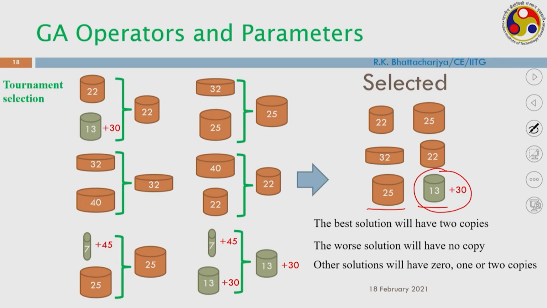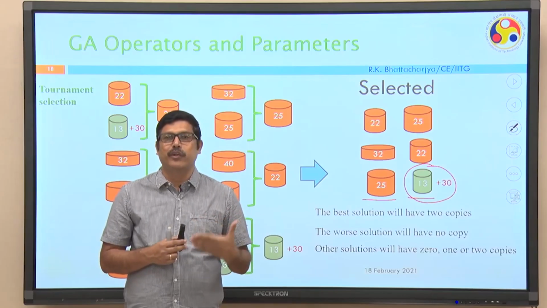I also discussed what happens if the tournament size is 3. In that case I have to play the tournament for 3 rounds, and in every round you select solutions, so the best solution will have 3 copies.